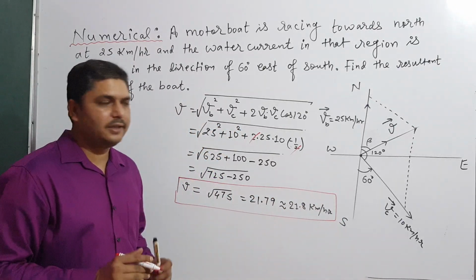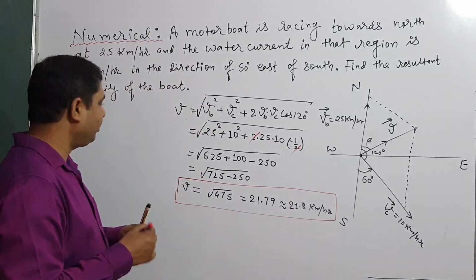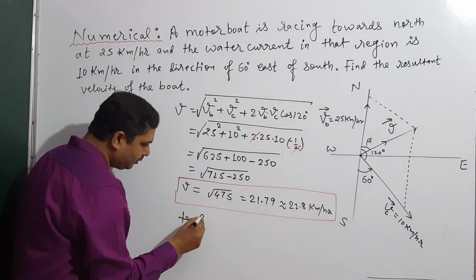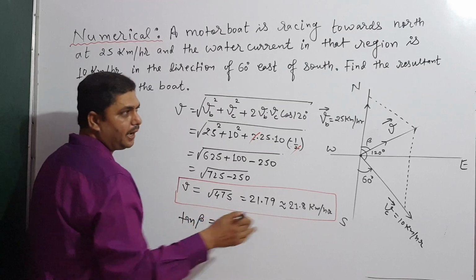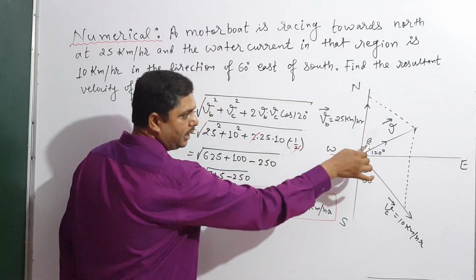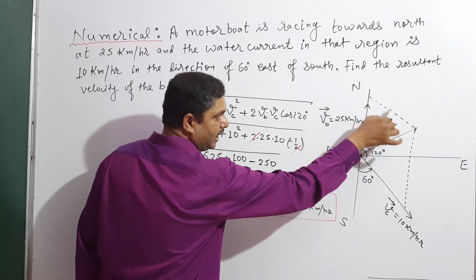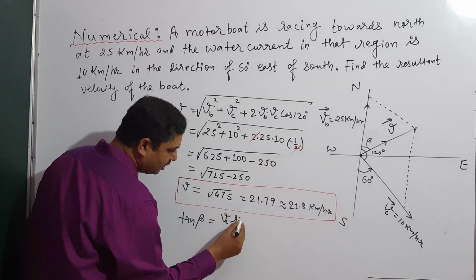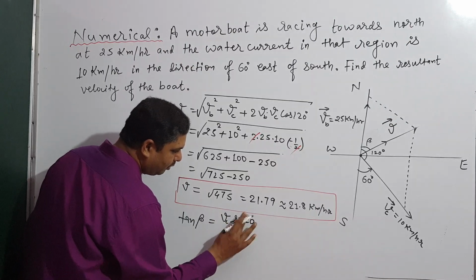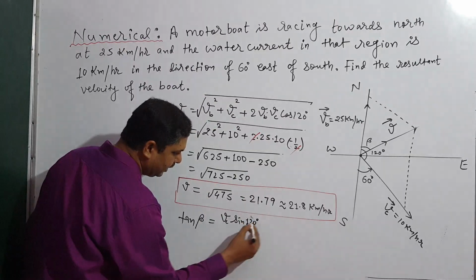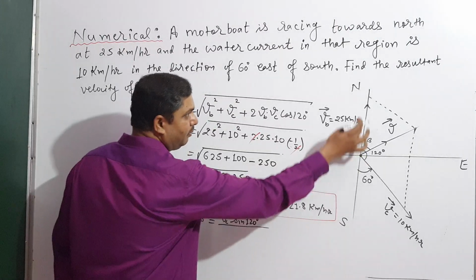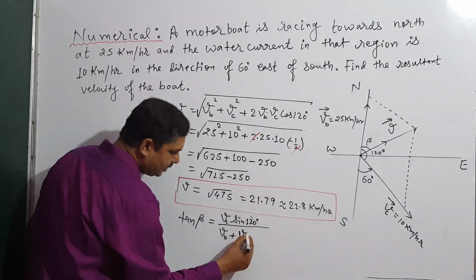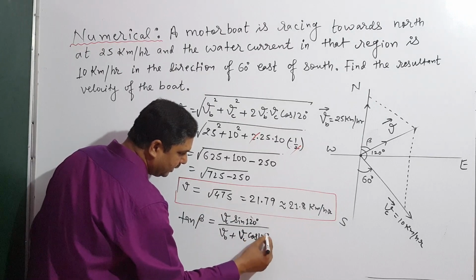Now you desire to find the angle beta. So you have tan beta. What is tan beta? Tan beta is VC sin 120 degree divided by VB plus VC cos 120 degree.